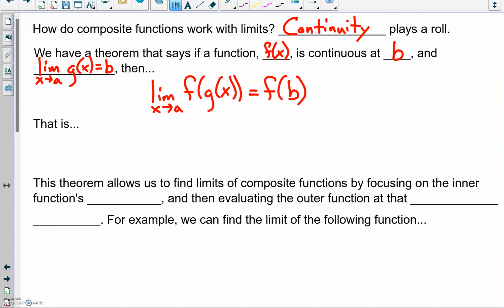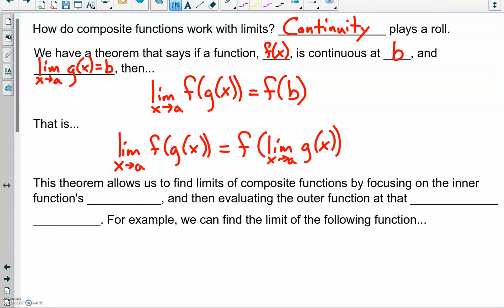So another way to think about this is that the limit as x goes to a of f of g of x is just going to be equal to f of the limit as x goes to a of g of x. So really what they're doing here is rewriting this definition up above, where the b is just expressed as the limit as x goes to a of g of x.